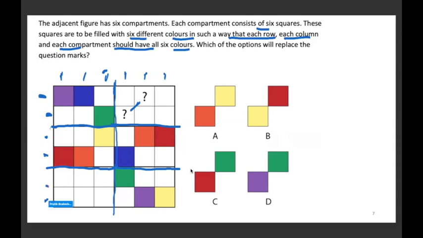You have to arrange it so that each row, each column and each compartment will have all 6 colors. After that, you have to find which 2 colors will come at the 2 question mark places. This is like how we do a Sudoku puzzle with numbers, but here you are given colors. Very similar to that. Okay, let's do this.